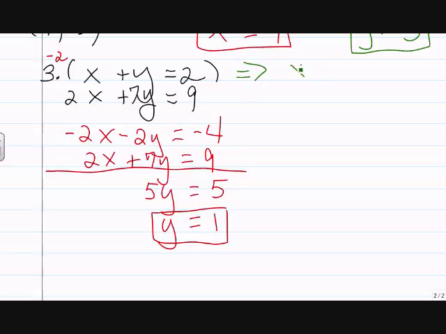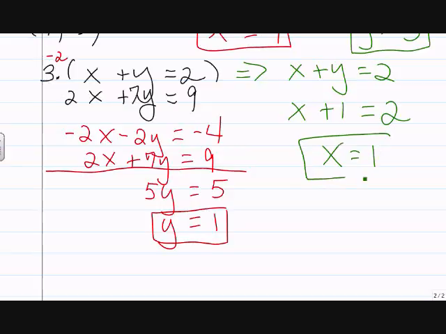So I'm going to choose the top one, x plus y equals 2, and y is 1. So I substitute that 1 back in there, and what do you get for x? 1. That's why I like to do that easier equation, because I can usually do it a lot quicker. So x is 1 and y is 1.